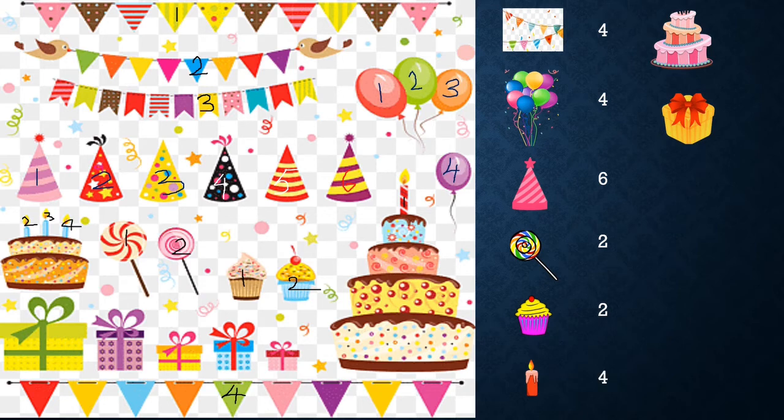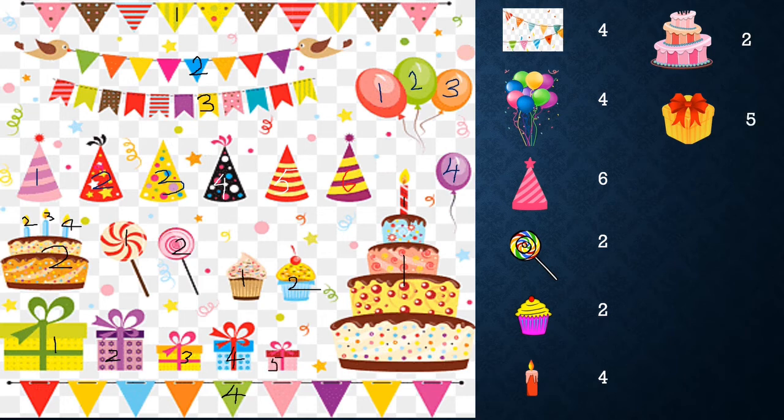And they bought 2, one big cake and one small, that is they bought 2 cakes. And the number of gifts they have bought for Simba, let us count. 1, 2, 3, 4 and 5. So they bought 5 gifts for him.